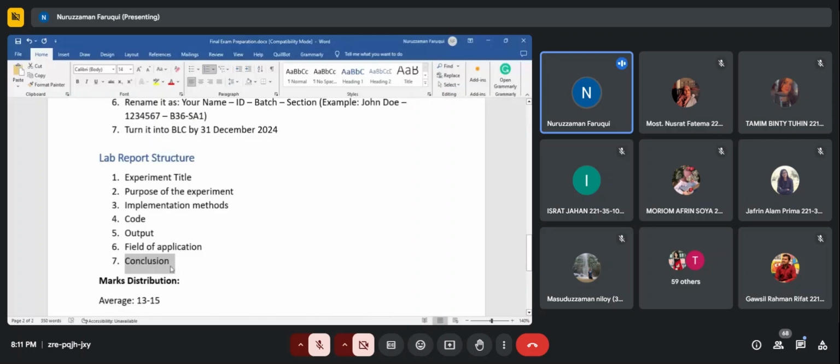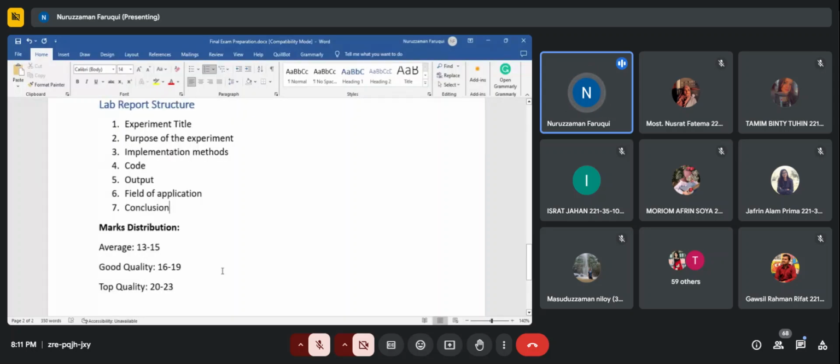So get rid of the confusion that how your lab report will be evaluated. Let's have a look at the marks distribution. If you can come up with top quality lab report, for example, let's take Mr. Fahim Fardin as an example.